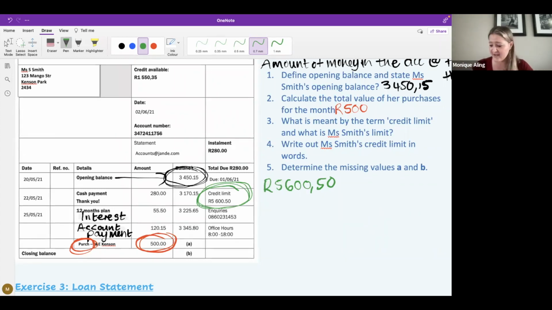She's actually, in fact, spent about 3,450 of that money. But that's not the whole total. She's still got a little bit left over. The little bit left over is what's shown at the top there. So they've given her 5,600. She spent 3,450.15, and she's still allowed to spend another 1,550. That's what she's still got available if she wants to spend it.